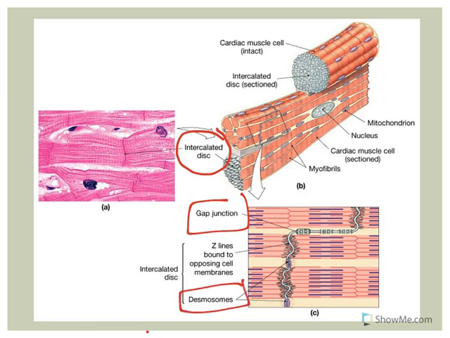The gap junctions are actually ion channels that allow ions to move very quickly from cell to cell, because we want cardiac muscle to act as what's referred to as a functional syncytium, to act as a unit, as one. It's going to allow it to be more efficient. The desmosomes are structural. They maintain integrity, so it keeps the cells from being pulled apart.